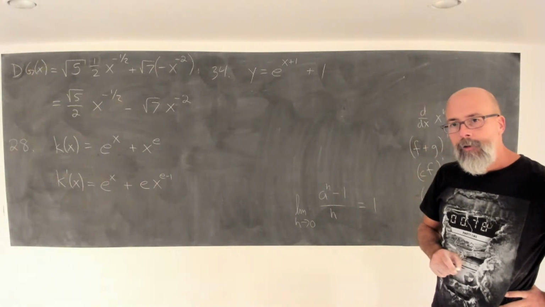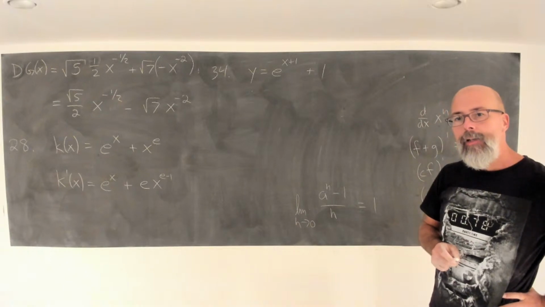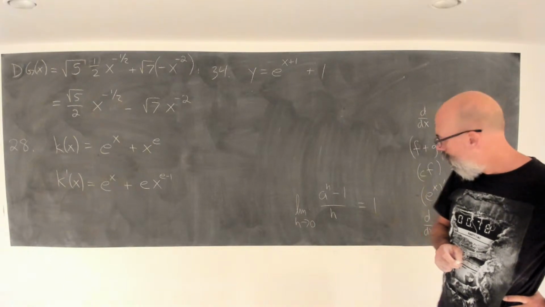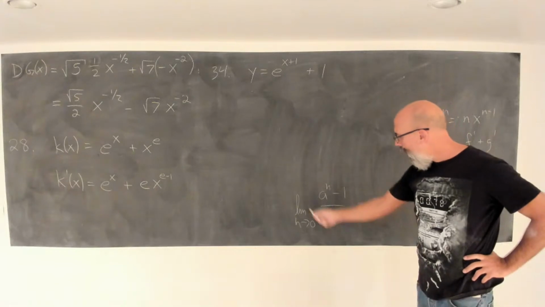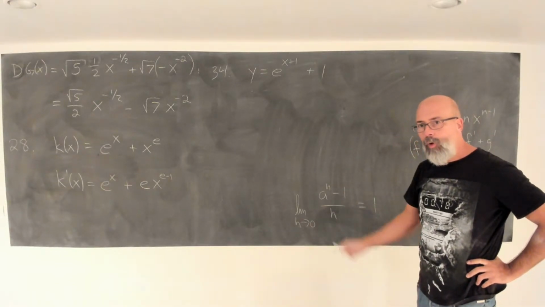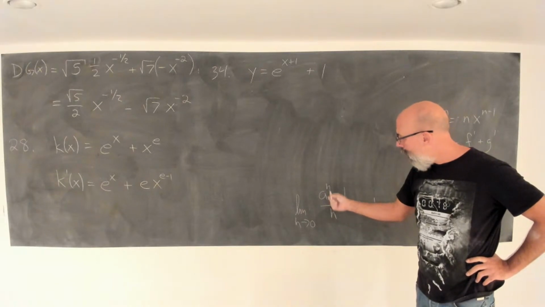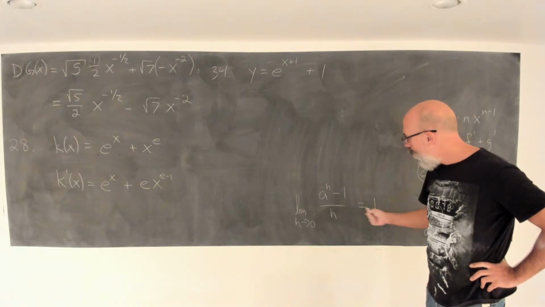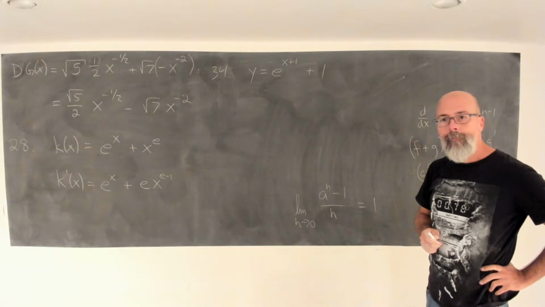You could use that as to how e was discovered. We were looking for a value of a for which this limit is 1.